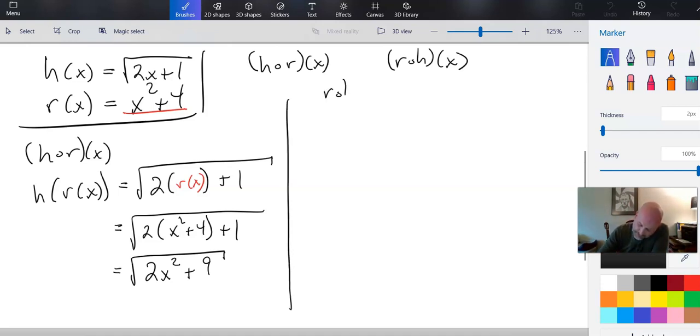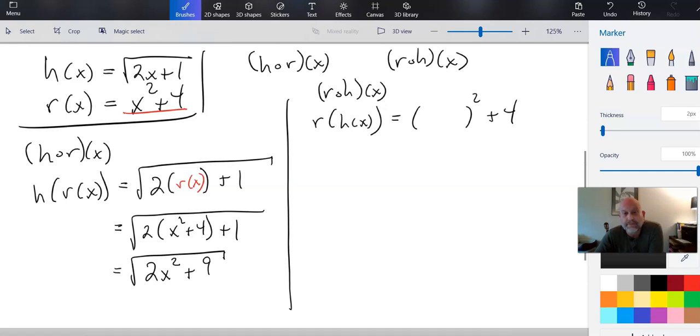Let's look at r composed with h of x. Now remember again, that's r of h of x. So let's look at what r does. R squares its input and then adds 4 to it. Right? So let's see what happens there. That means we're putting h of x in here, and so we're going to be squaring h of x.